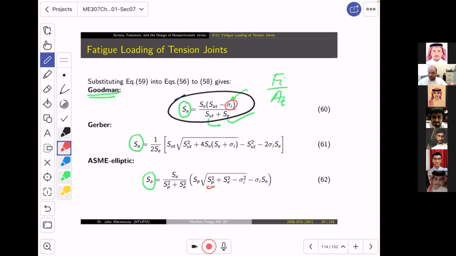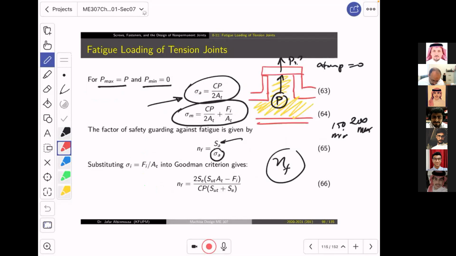We are talking about fatigue life for a bolted joint, a joint which is in service. So in service, sigma I is always there, whether you switch on the pressure or not. So it is part of the initial condition, and that's why it appears in the strength.